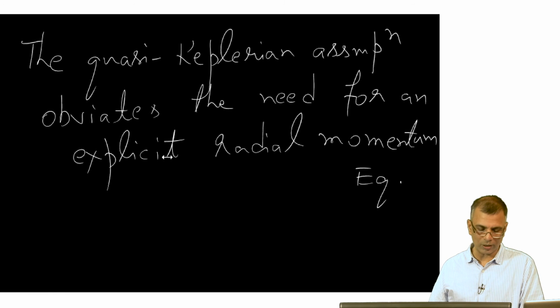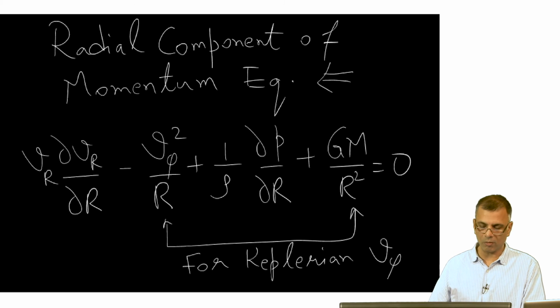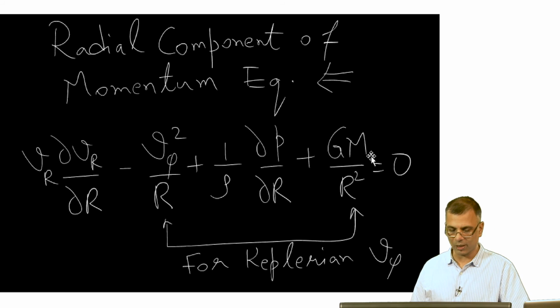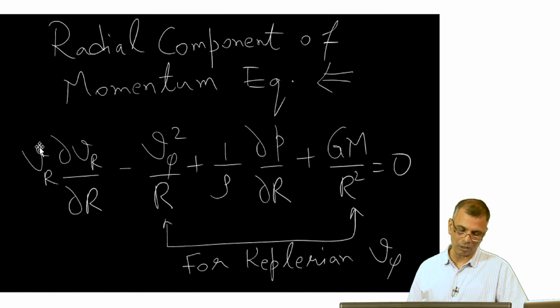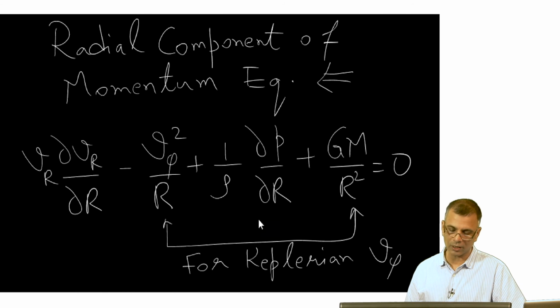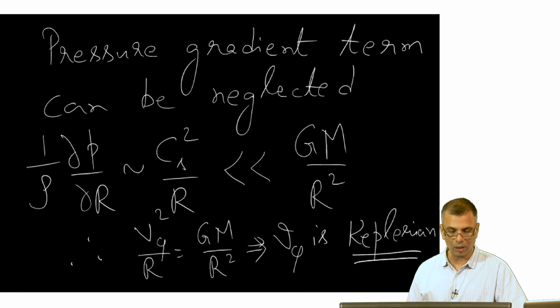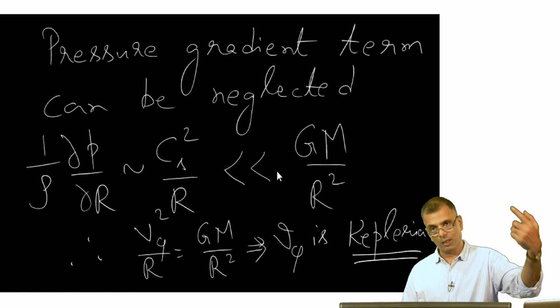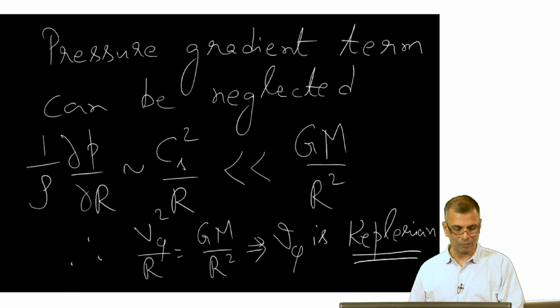If you assume quasi-Keplerianity, then you immediately say that this and that balance each other, but of course you have to realize that the VR is very small, and you have to justify the neglect of the 1 over rho dp dr. The neglect of the 1 over rho dp dr comes from the fact that the Cs is much larger than V phi, and that came from the vertical momentum equation.